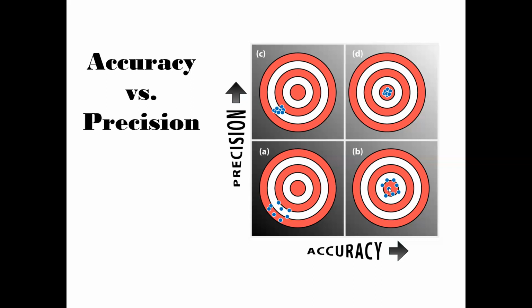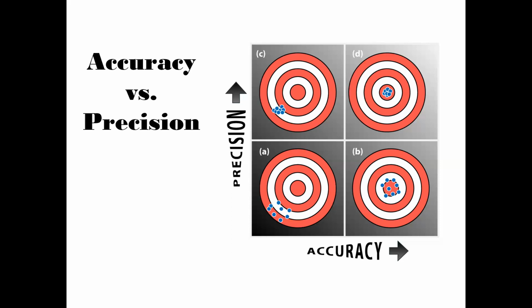All right. What about between B and D? D is in the center, so it's on the target. And B, while it is in the center, is more scattered.